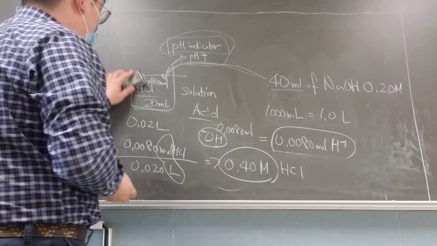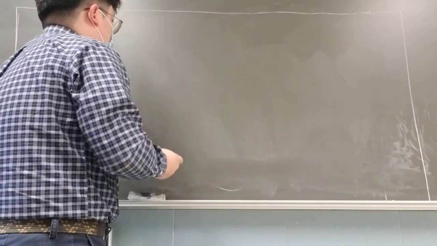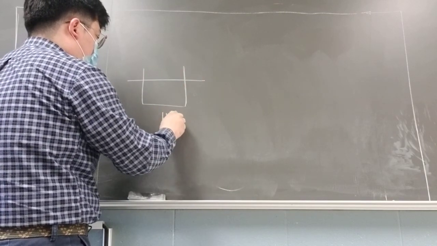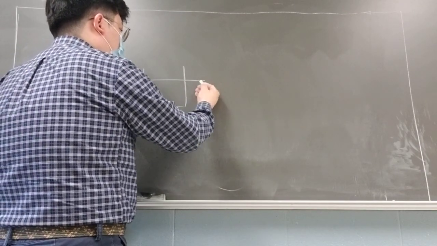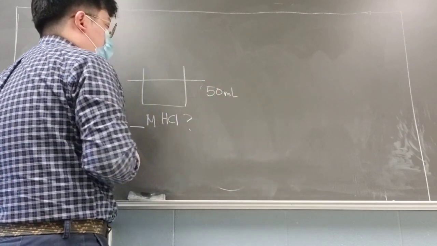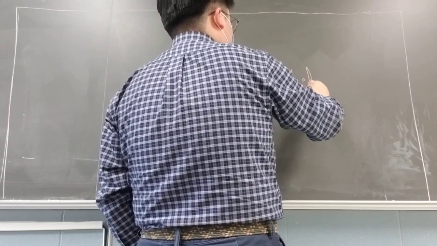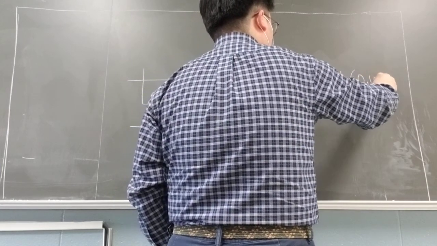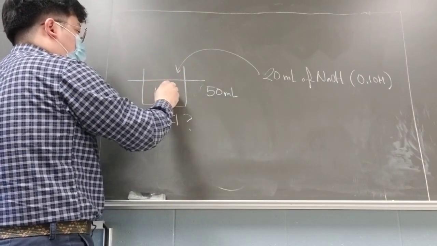So let's do one more. All right. If you have an unknown concentration of HCl again, so we don't know the concentration, but the initial volume was maybe 50 milliliters, okay? And now you add 20 mils of NaOH at 0.1 molar concentration, and then you saw the color change.